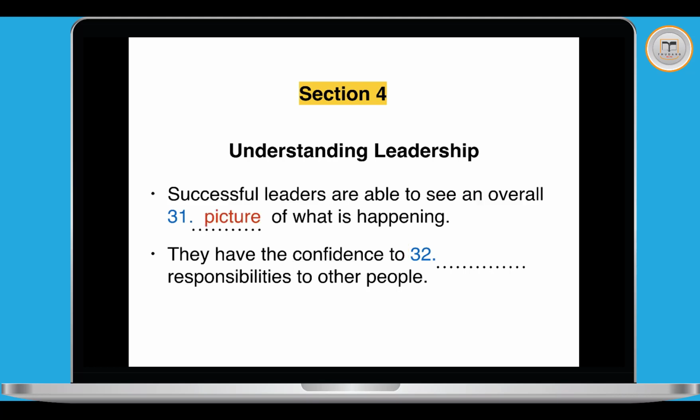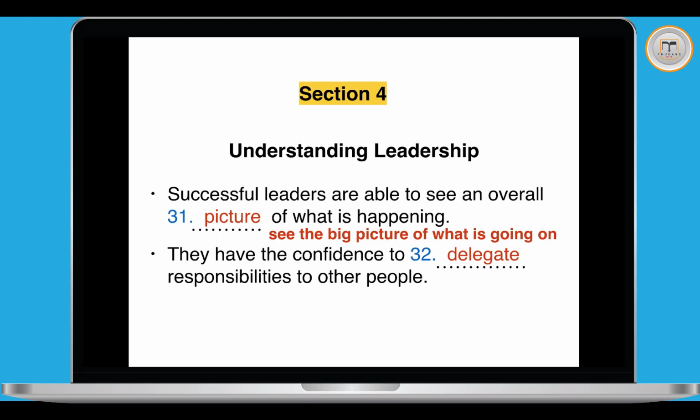Let's look at the answers then. 31 was picture. They're able to see an overall picture of what's happening. And 32 was delegate. They have the confidence to delegate responsibilities. The key words that helped us to get those answers you can see better on the worksheet if you look at the transcript, but just quickly, for 31 it was see the big picture of what is going on. So instead of the word overall, you've got big.